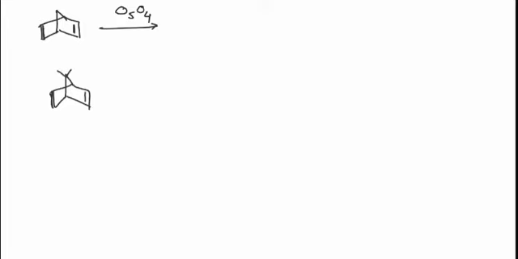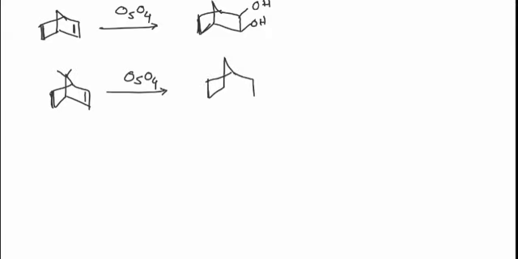Exo will be the least crowded one. So here the dihydroxylation should be on the sterically least crowded side. What about this example? Endo is the major. So this will be endo; the endo will be the major product.